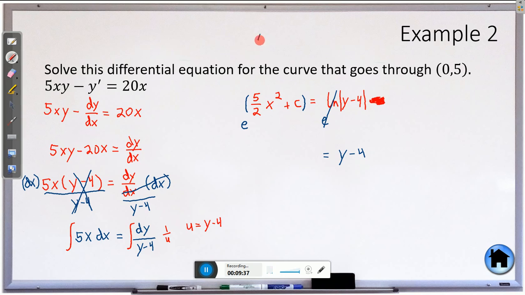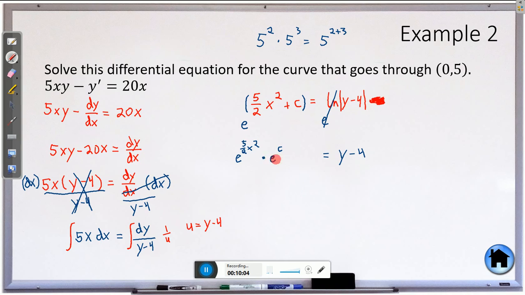What happens there? So if I have 5 squared times 5 to the third, that is equal to 5 to the 2 plus 3. The exponents add. And so I'm going to do that backwards. And this is going to be e to the 5 halves x squared times e to the c.